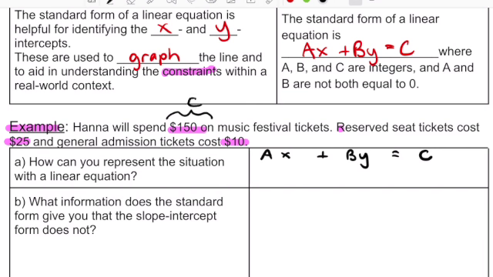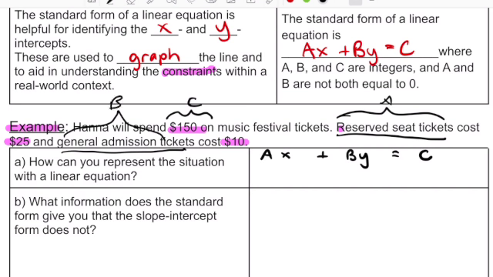And we also know that Hannah will need to buy both the reserved seat tickets and the general admission tickets, which would be our A, and the other part would be our B. So we will go ahead and put those into our standard form. 25x is our reserved seat tickets, and B is our general admission tickets, which is $10.